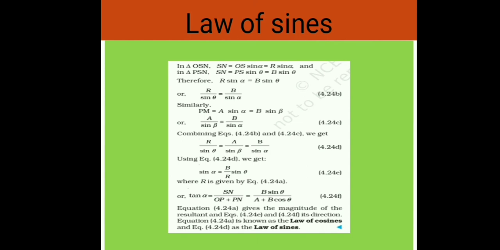So by using the equation R equals under root of A square plus B square plus 2AB cos theta, and sin alpha equals B upon R sin theta, we get tan alpha. Or you can directly find out tan alpha, no need to use the other equation. That is tan alpha equals SN upon OP plus PN, that is B sin theta upon A plus B cos theta.